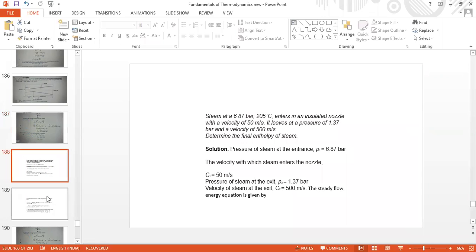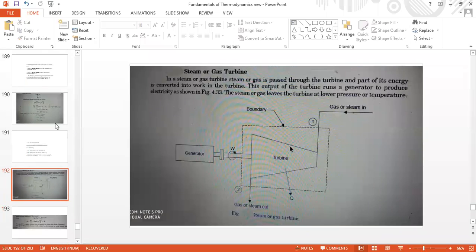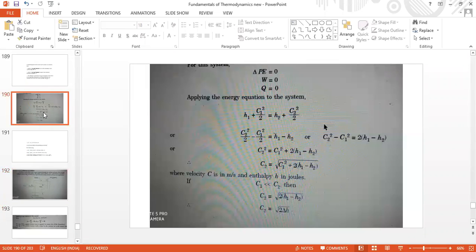We apply this equation on this problem, and now we write here the same terms we wrote here. W 0, no work crosses the system. Q 0, and whatever extra terms are there, I told you to ignore those terms. Again, this is shown here for this problem.